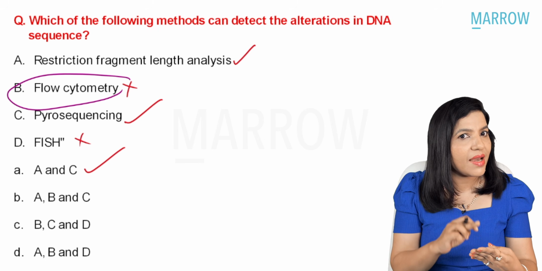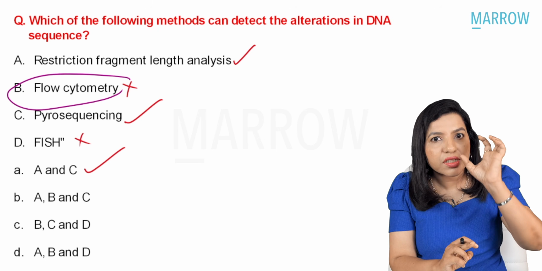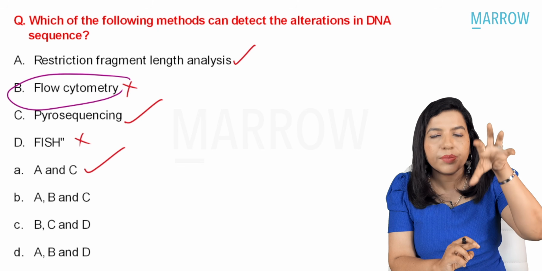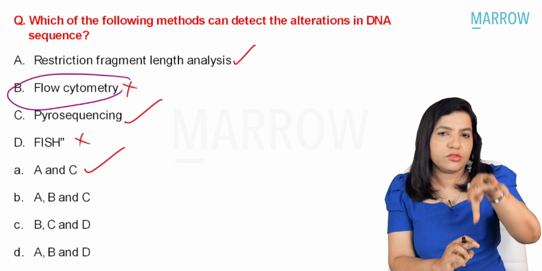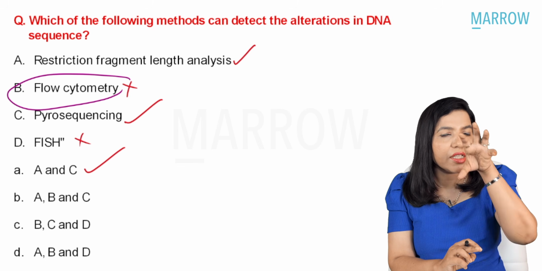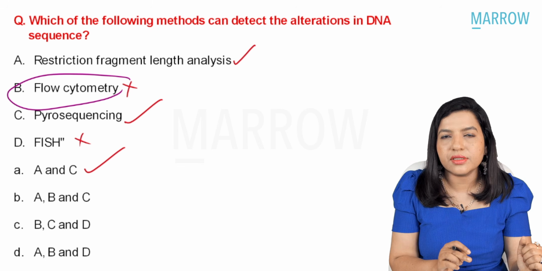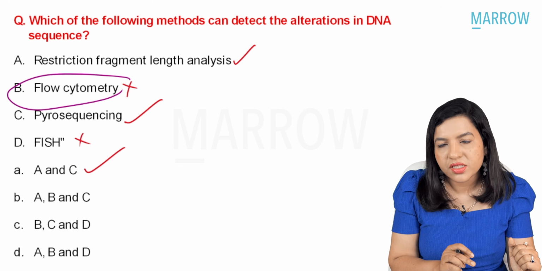It can also locate a specific gene to a particular chromosomal locus. It cannot detect a DNA alteration, which mostly means a point mutation, where one nucleotide is replaced by another. So the answer is RFLP and pyrosequencing.